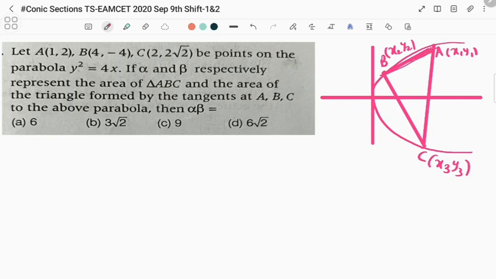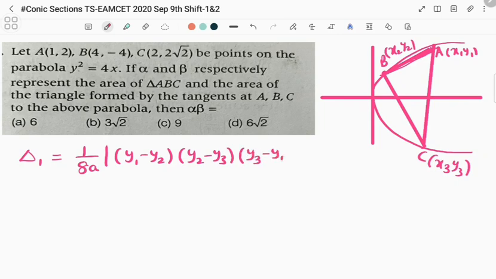This triangle area is delta 1. We know that it is 1 by 8a into mod of (y1 minus y2)(y2 minus y3)(y3 minus y1). Now you got the idea, na? This is the area of the triangle formed by the points which are lying on the parabola y square equals 4ax.